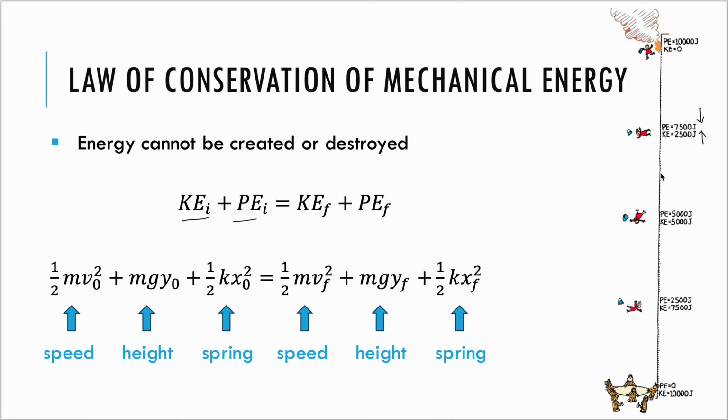And this is very typical when we have conservation of energy problems, we see that there's a change in height and a change in speed, which leads to a change in potential energy and a change in kinetic energy. So whenever you can imagine a person either falling or an object going up, you have that change in speed and change in height. That's a good indication that we're going to use conservation of energy.